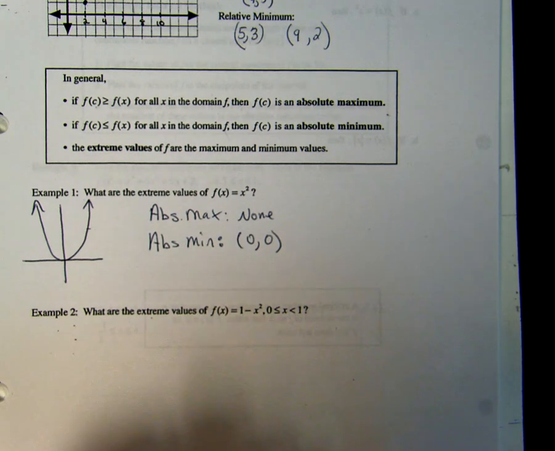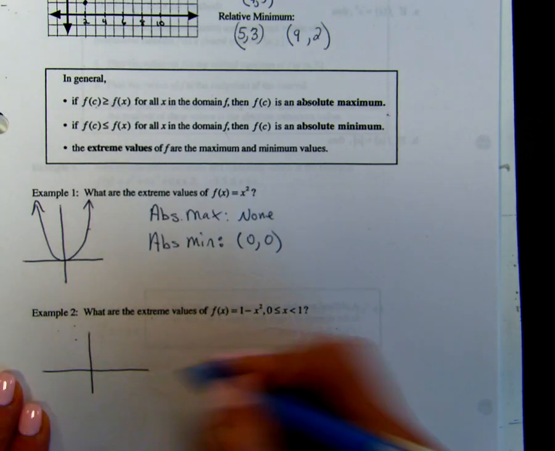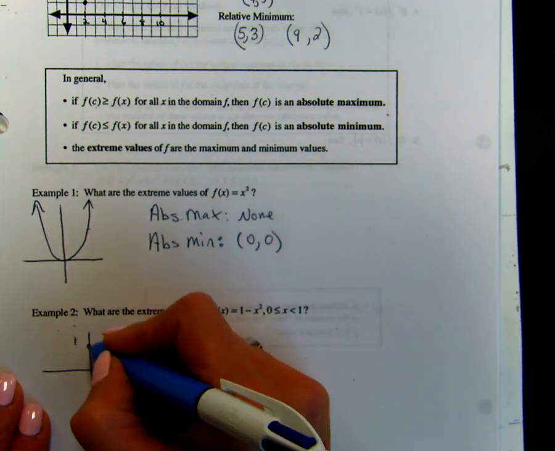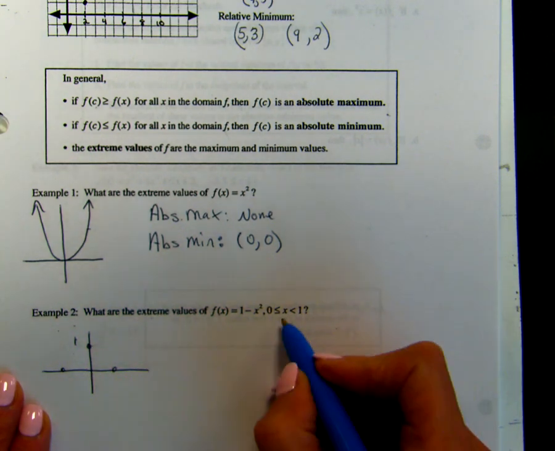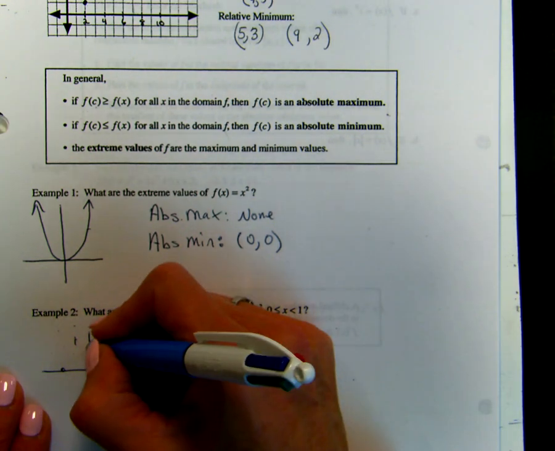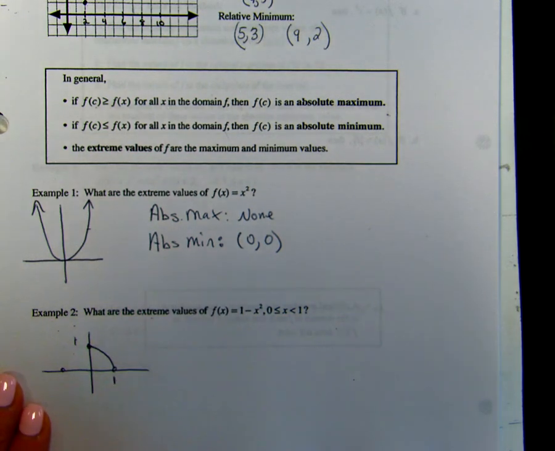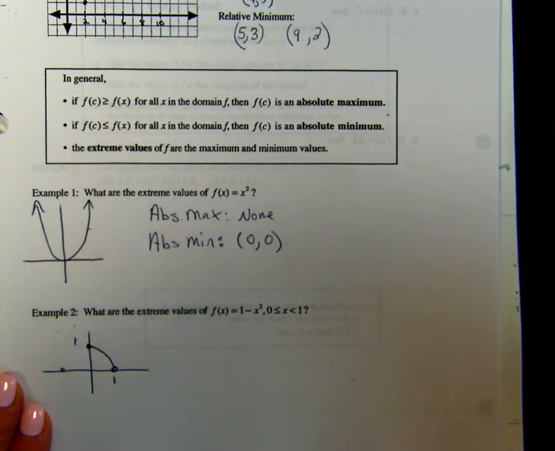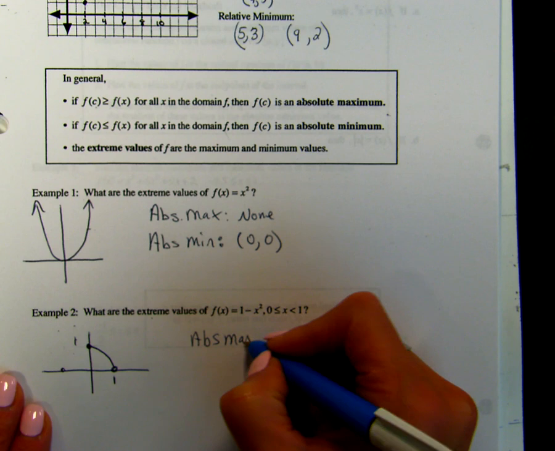Let's do the same thing for this one on this interval. So the graph of 1 minus x squared, which is a parabola that has a vertex at 0, 1, and it opens down in a basic pattern as over 1, down 1, and keep the symmetry. And we're going to go from 0 to 1. So we're just looking actually at that part right there. And this here should be an open circle. Okay, so on this domain from closed circle 0 to open circle 1, does this have an absolute max?